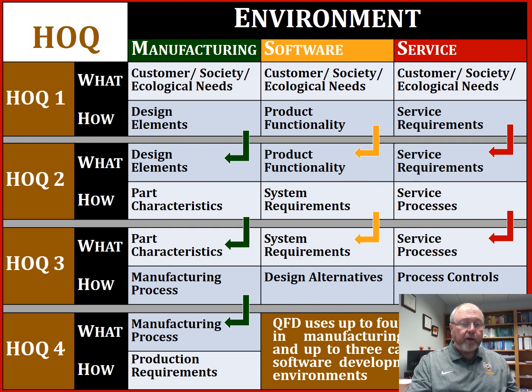In the third, part characteristics become the whats, the manufacturing process itself the hows. And in the fourth house of quality, the manufacturing process become the whats, production requirements of the quality control plan become the hows, the standardization process, if you will. And you'd have a similar sort of flow running through software development or through service development.